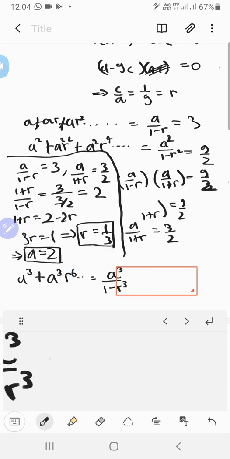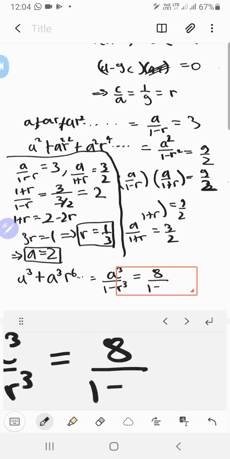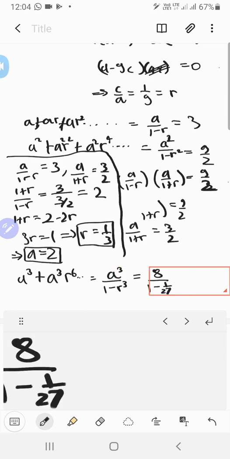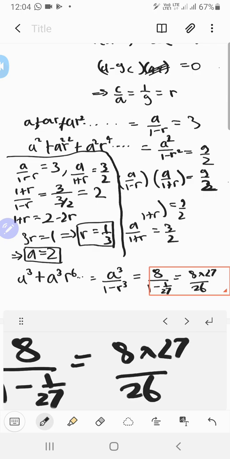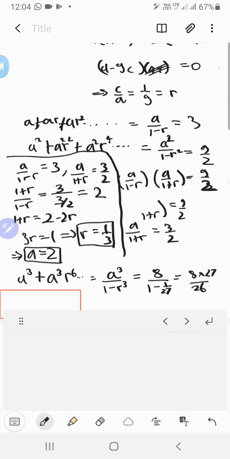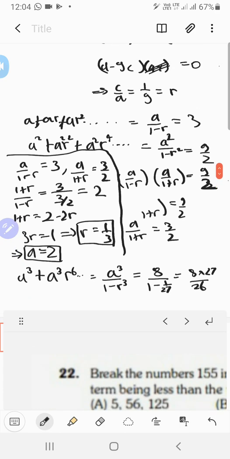Now we know that the value of a is 2, so this is going to be 8 upon 1 minus 1 over 27. Now that's going to be 8 into 27 upon 26. I won't be doing all the calculation. This is the final answer.